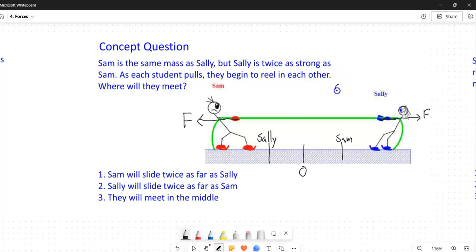And since they have the same mass and the same force, Sally's acceleration vector is going to be to the left. Sam's acceleration vector is going to be to the right. And those acceleration vectors are going to be exactly the same. Since the forces are equal, and since they both have the same mass, those two accelerations will be the same, which means they will meet right in the center.